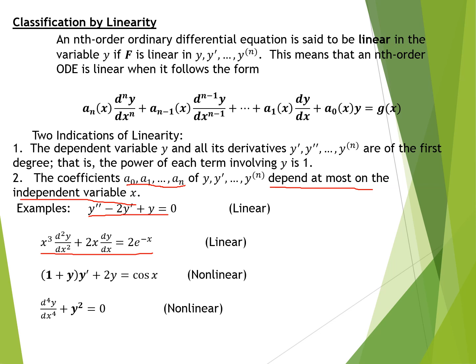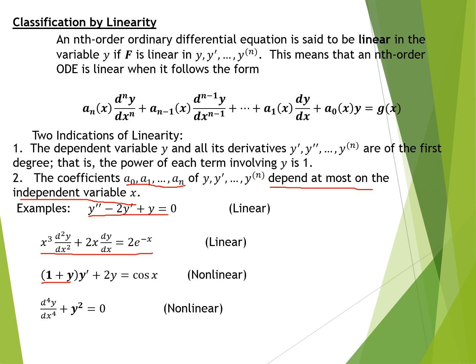What about this? Why is it linear? Look, this is x cubed, 2x. All of these are functions of x. And the second derivative and the first derivative have exponent 1, or first degree, and therefore it is linear. Now this one is non-linear. Why? Because of the presence of 1 plus y there. It is a function of y and not a function of x, so it will make it non-linear.